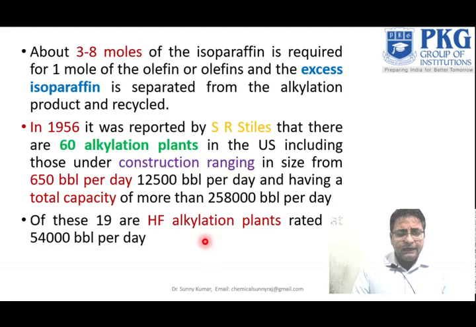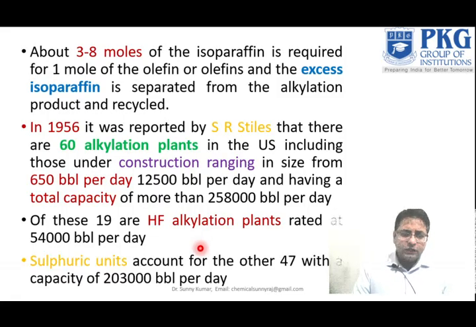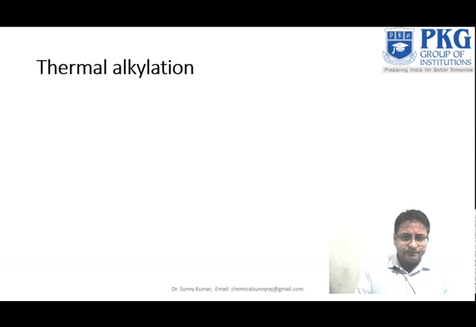Of these, 19 are HF alkylation plants rated at 54,000 BBL per day. So the sulfuric acid units account for the other 47 with a capacity of 2,03,000 BBL per day.